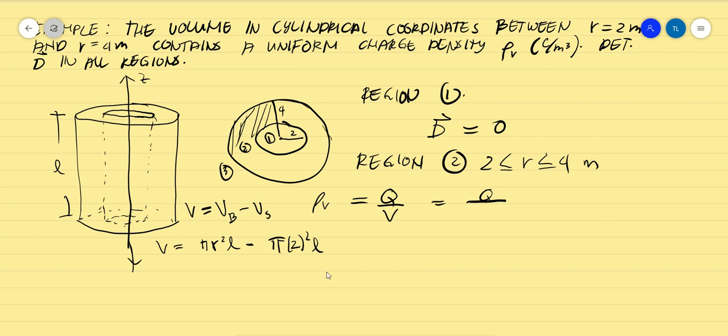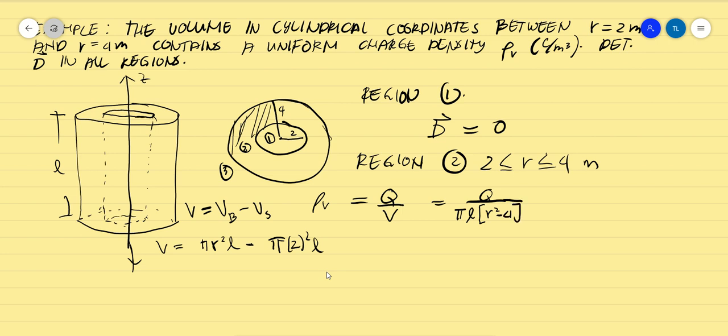So now the volume will be equal to, we can factor out pi and L, so pi times L, and we have r squared minus 2 squared, which is equal to 4.